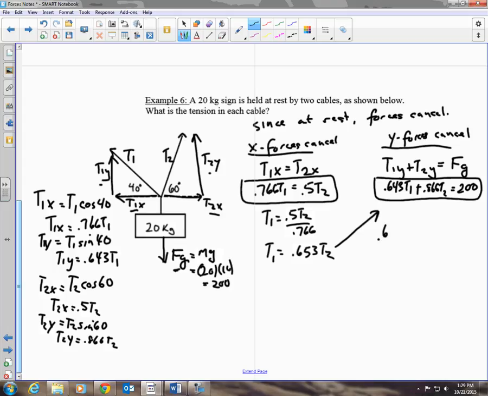And I get 0.643 times my T1, which over here is 0.653 T2, plus 0.866 T2 equals 200. Now if I multiply this out and add it together, I get 1.29 T2 equals 200. And then divide, and I end up with T2 is equal to about 155 newtons.